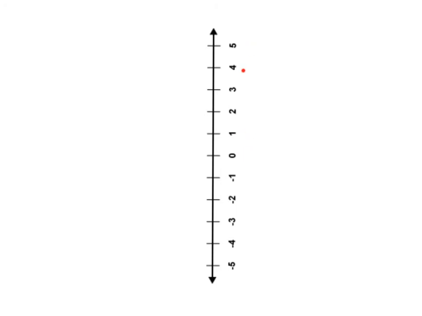So 5 is greater than 4, 4 is greater than 3, 2 is greater than -. So we can compare -2 to 0. When we look at our number line here, we see -2 is right here, 0 is here. The number that's on top is always greater, so 0 is greater than negative 2.